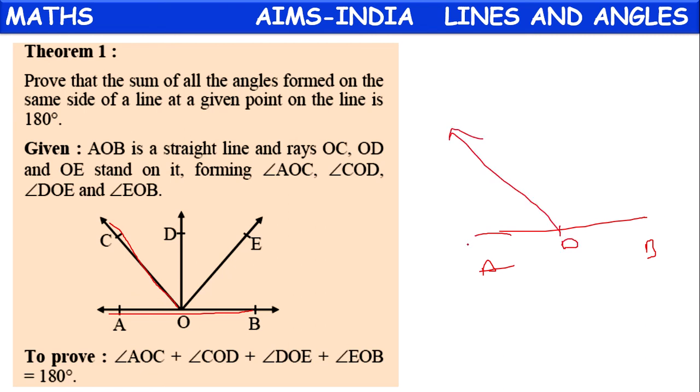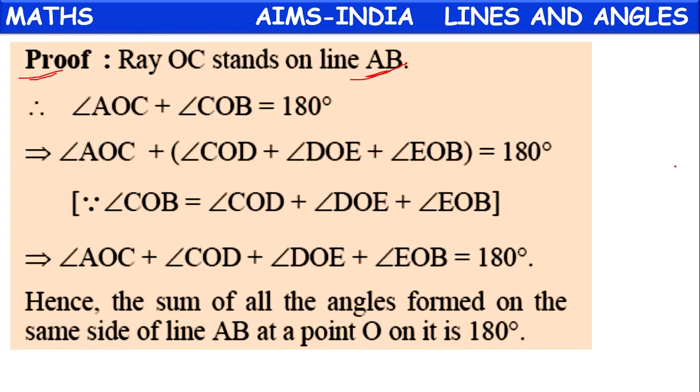So ray OC is standing on the line AB. So AOC plus COB will be equal to 180 degrees.